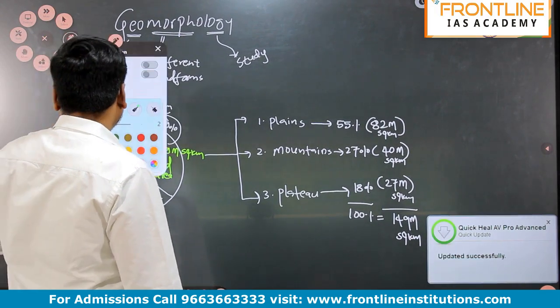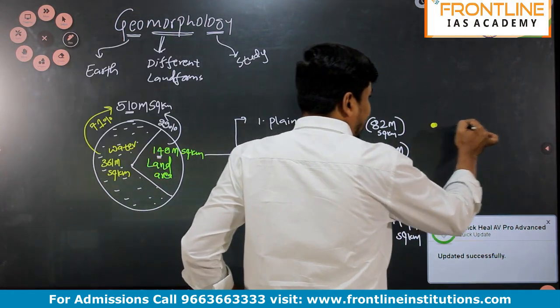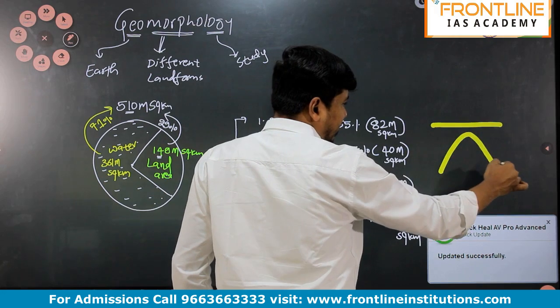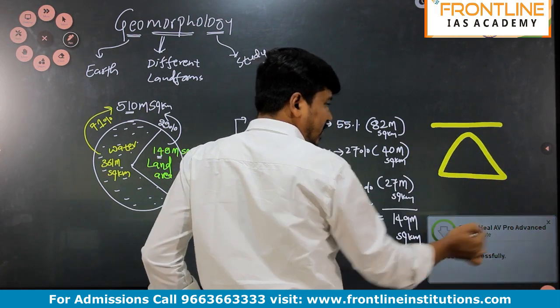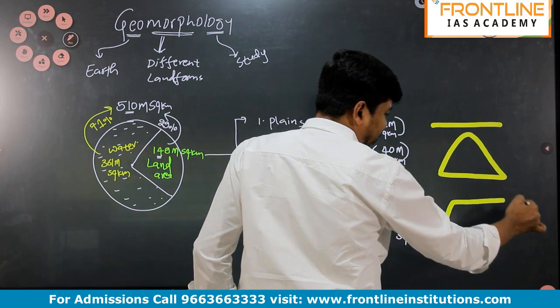Maximum is plain, and plain meaning it is a flat land. Mountain meaning it is an elevated landmass with steep slopes, and plateau meaning an elevated landmass with a flat top.